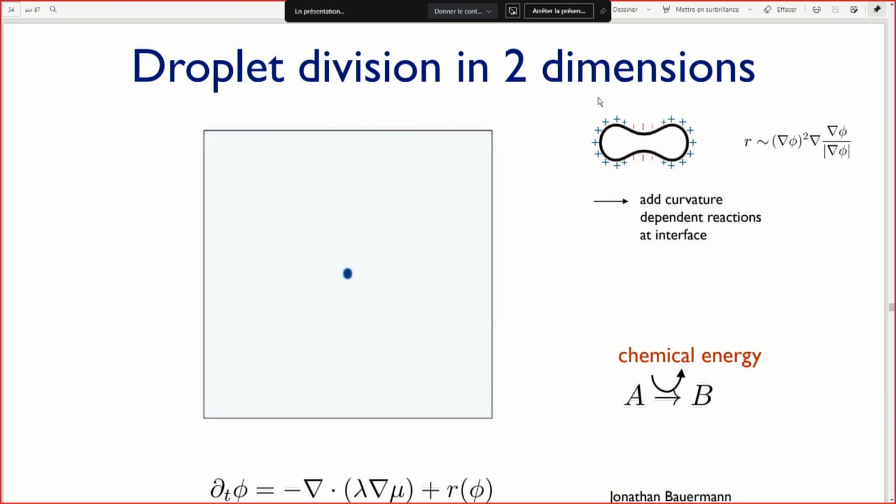Now, there are ways to make droplets also divide in 2 dimensions. One has to add extra terms, and that's some of the ongoing work. But essentially, one can use chemical reactions that are sensitive to the curvature at the interface.